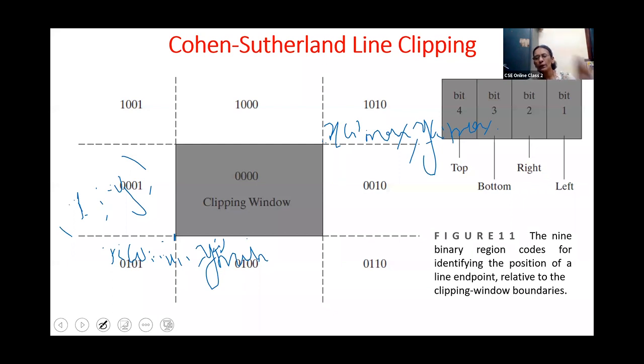One way is you compare the value of X with respect to XW min. If X is less than XW min, then your bit 1 will be set to 1. Otherwise, it will be set to 0.